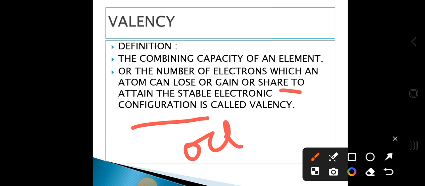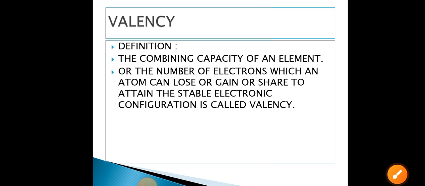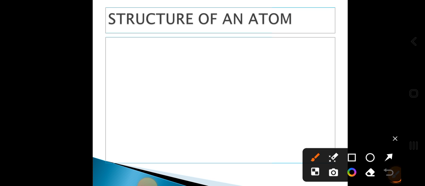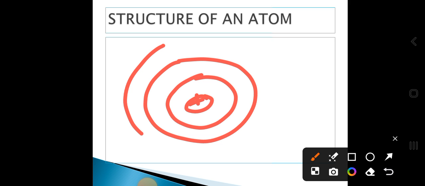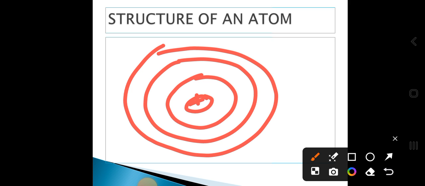So what is meant by octet? Octet is 8 electrons. Where should these 8 electrons be present? They should be present in their respective orbits, what we call the outermost orbit.